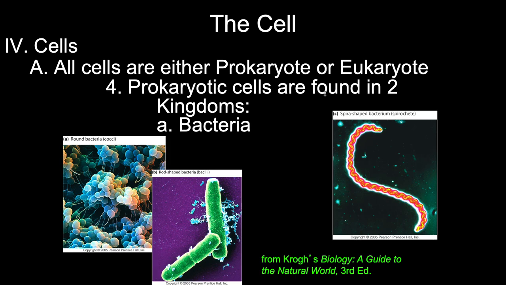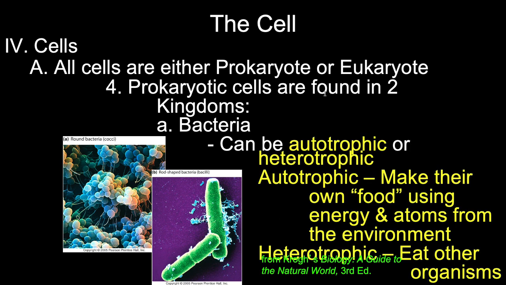So here are bacteria. Bacteria come in all sorts of shapes, with some diversity in size. There are round bacteria, rod-shaped bacteria, and spiral bacteria. So lots of different shapes. They can be autotrophic or heterotrophic.